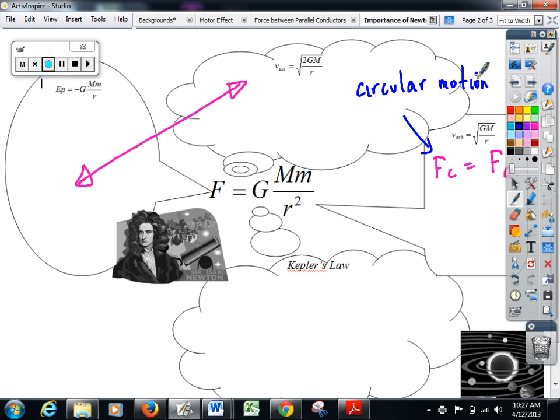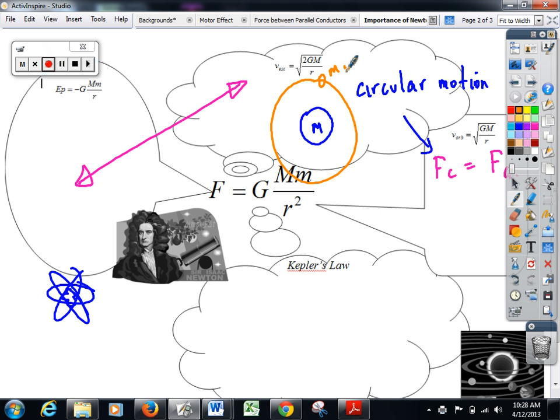So when we were discussing electrons going around the nucleus, the reason why they went around in circular orbits was an electrostatic force. So the electrostatic force was the equivalent to the centripetal force. Now, for a planetary or orbital motion, if we have a central body of mass capital M, and an object going around of little m, then the force between them is the force of gravity.